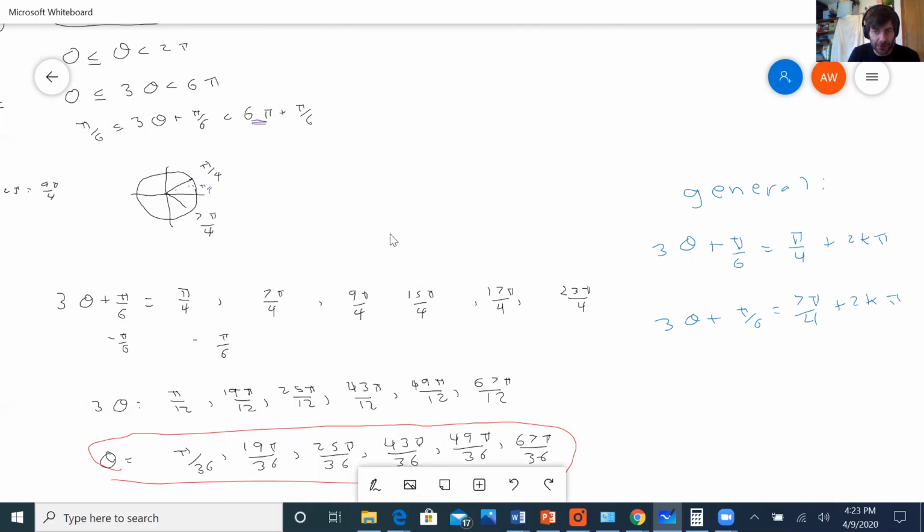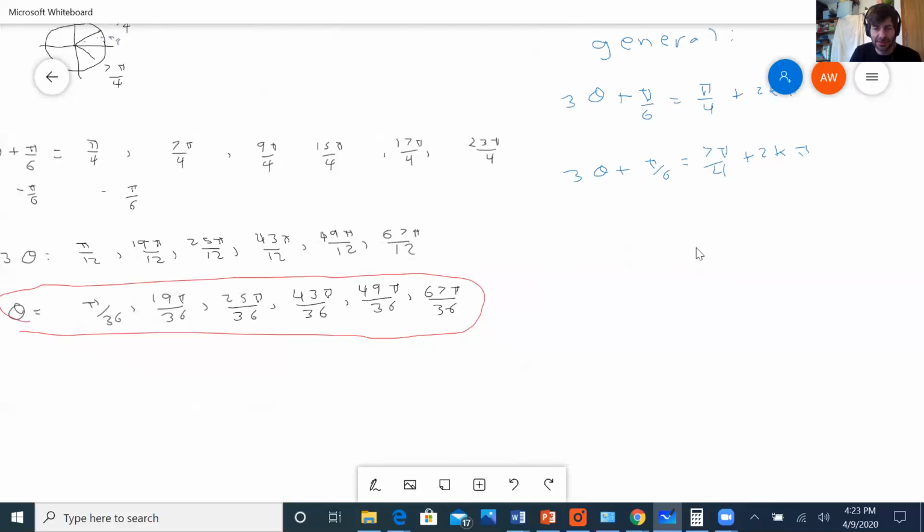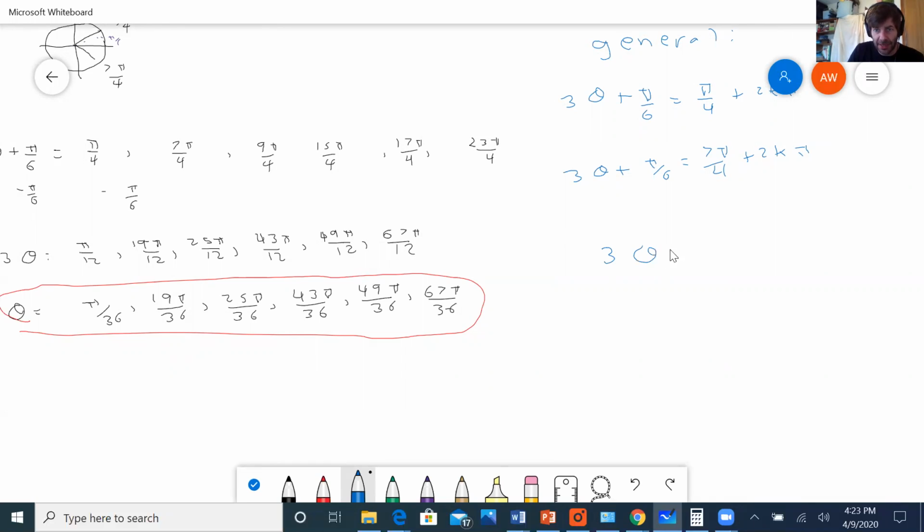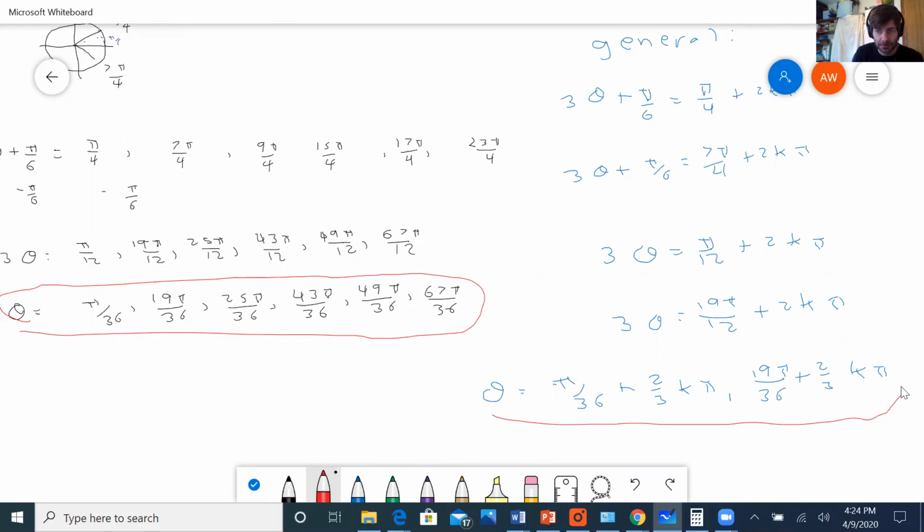Then just subtract pi over 6 from both sides. So 3 theta is pi over 12 plus 2k pi, or 3 theta equals 19 pi over 12 plus 2k pi, and then divide everything by 3. So theta is pi over 36 plus 2/3 k pi, or 19 pi over 36 plus 2/3 k pi, which would be your answer.